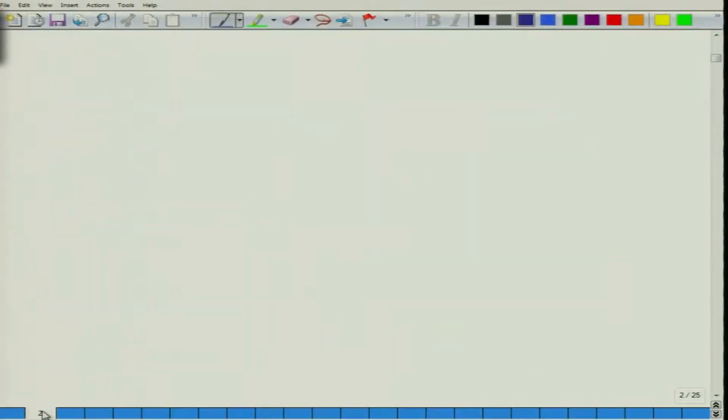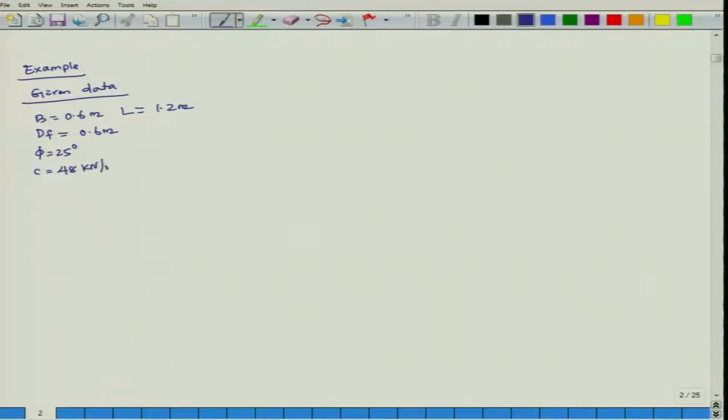Take an example. Given data: B is equal to 0.6 meter, L is equal to 1.2 meter, the foundation size, depth of foundation is 0.6 meter, phi is equal to 25 degree, c is equal to 48 kilonewton per meter square, gamma is equal to 18 kilonewton per meter cube, then the modulus of elasticity E is 620 kilonewton per meter square, and Poisson's ratio mu is equal to 0.3.